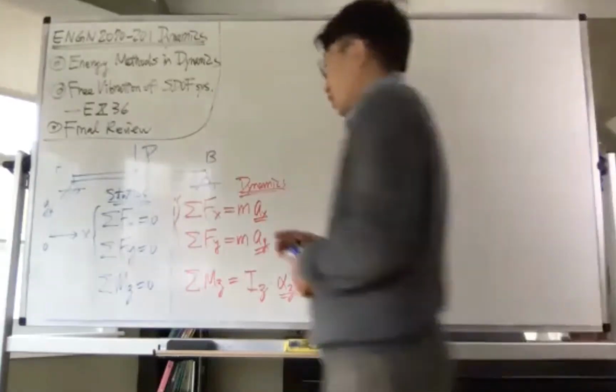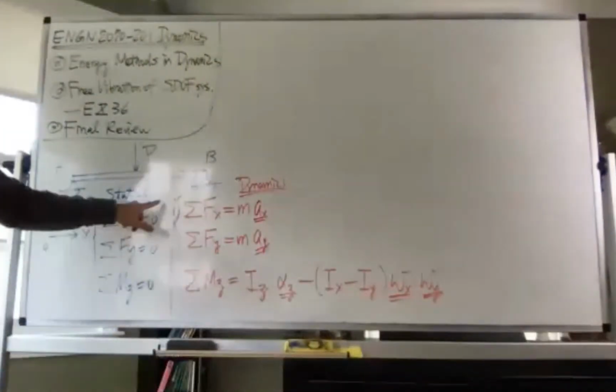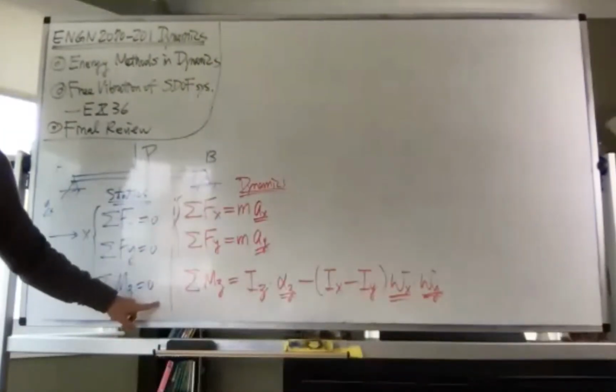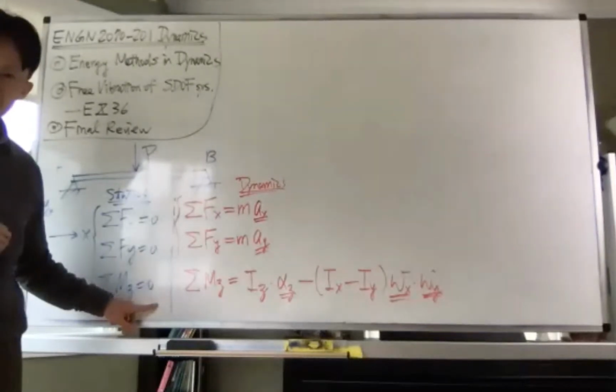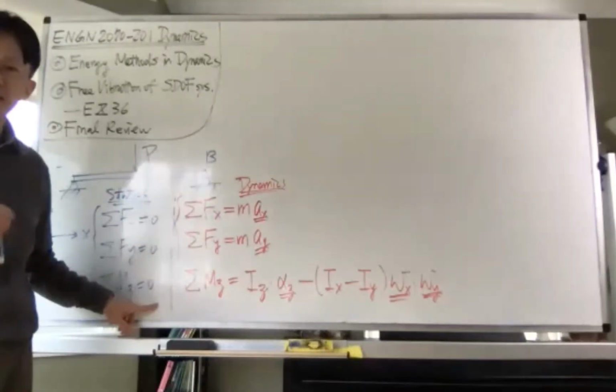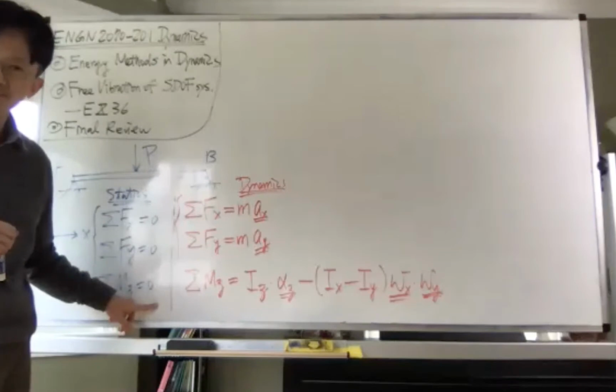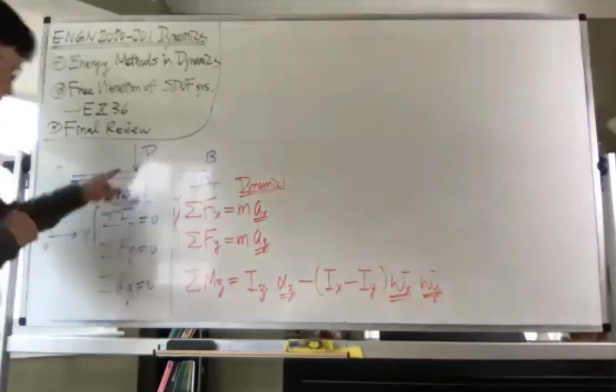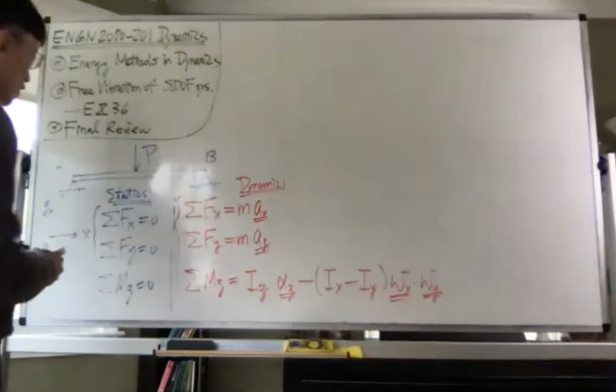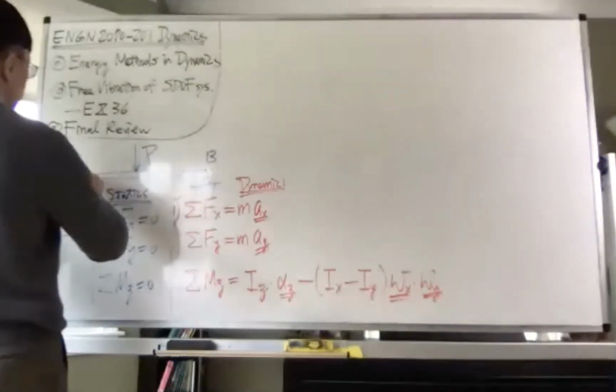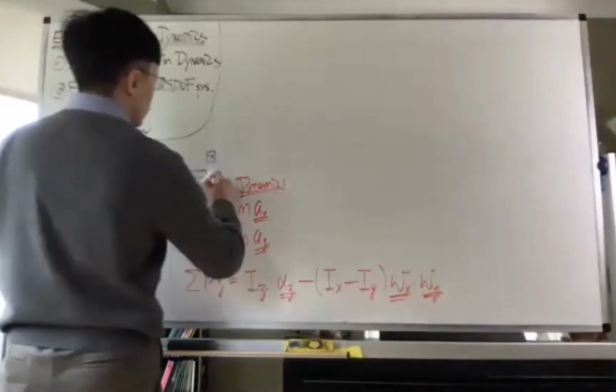Now, what are indeterminate structures? If I have 3 equations, that means I have 3 conditions. With 3 conditions, you can only solve for 3 unknowns, right? Which means here, if I want to figure out the force, you can determine only 3 parameters, 3 unknowns.